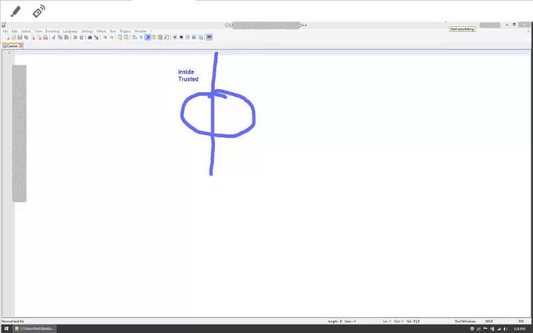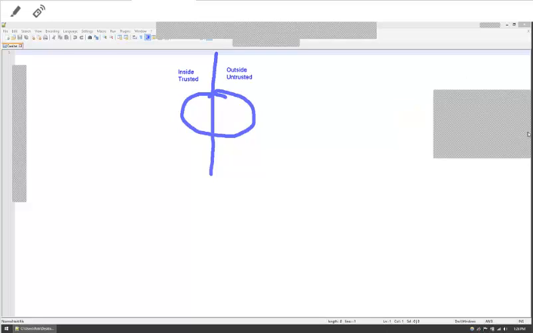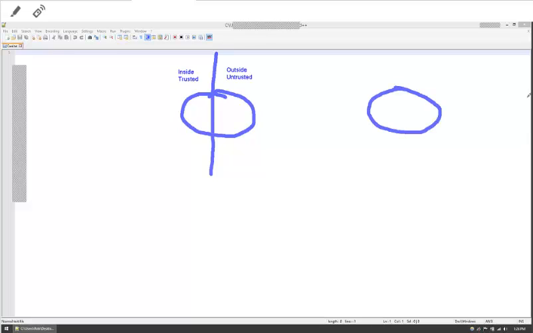And so when you're using VTI interfaces, one benefit that you can have is, so that's our trusted zone, and that's going to be inside. That's going to be outside.